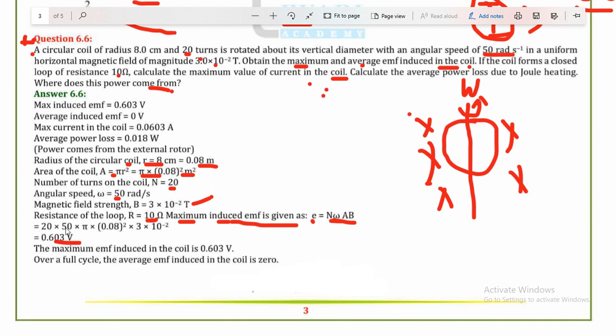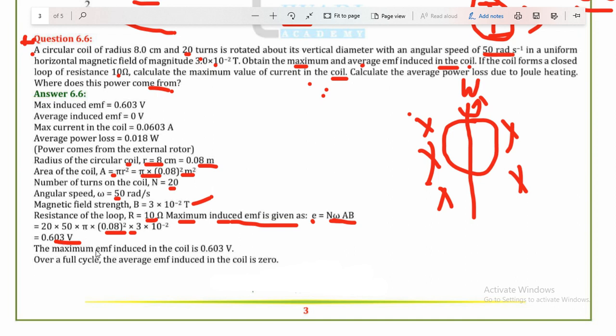I hope you can calculate these numbers easily. You can see here 20 into 50 into pi into 0.08 square into 3 into 10 to the power minus 2. After calculation you will get 0.603 volt. So try to calculate this one and you will get this answer.